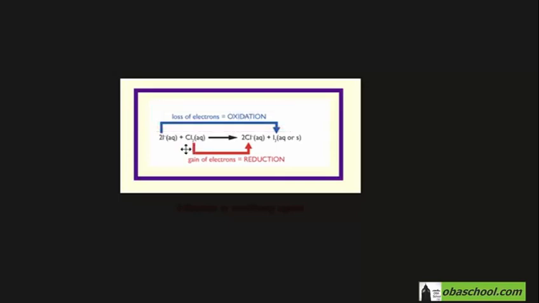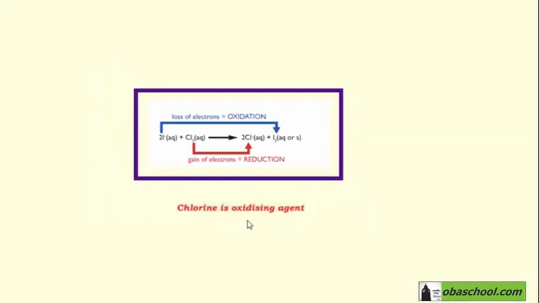While Cl2, chlorine, was Cl2 in the reactant without any charge, without a plus or minus. But in the products, it became Cl⁻. Thus, it undergoes what? It undergoes reduction. It gains electrons. Thus, chlorine is the oxidizing agent. So you have to know this equation.